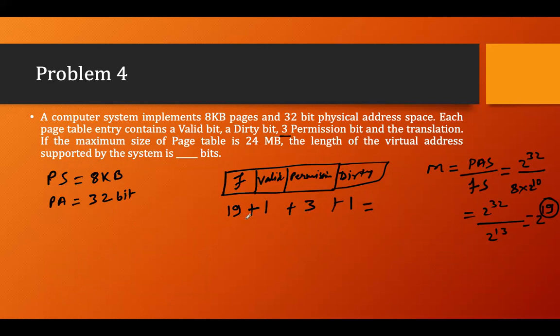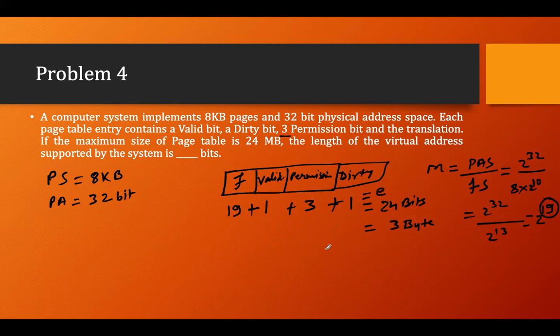If we convert into bytes, it will become 3 bytes. So 3 bytes we find out here, this is the e value. This is the e value that we found.